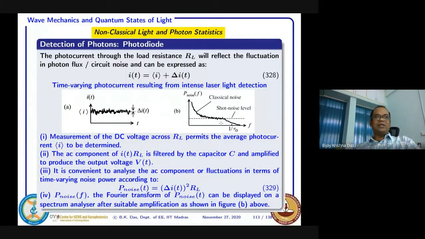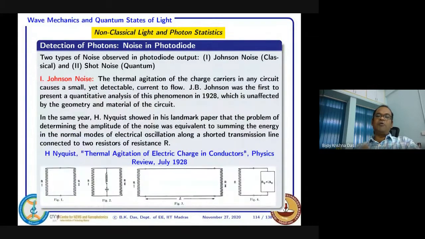Why is that? That means temperature has to do something with this noise creation, specifically this classical noise. So I thought that we need to know the origin, where this noise is actually coming from, and it is a very old story known for a long time.